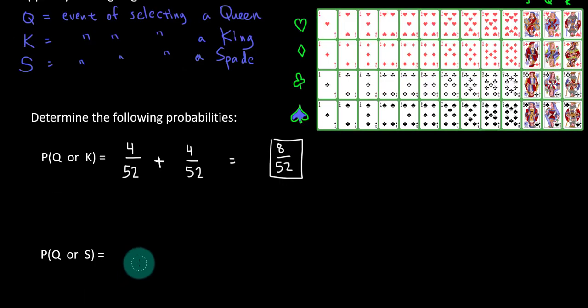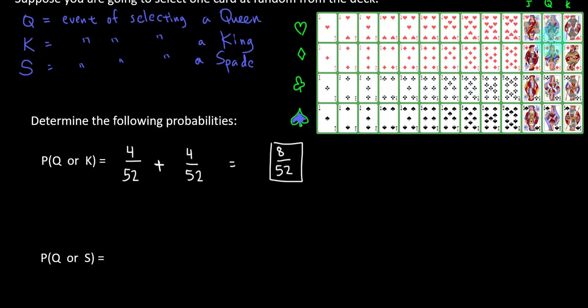This time we want the probability of selecting a queen or a spade. So looking back at our sample space here, we know that there are 4 queens that I'm going to try to highlight in blue here. And there are also how many spades? Well, we know a quarter of the deck are spades.